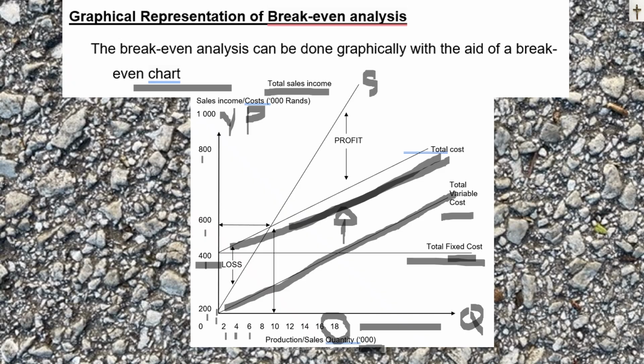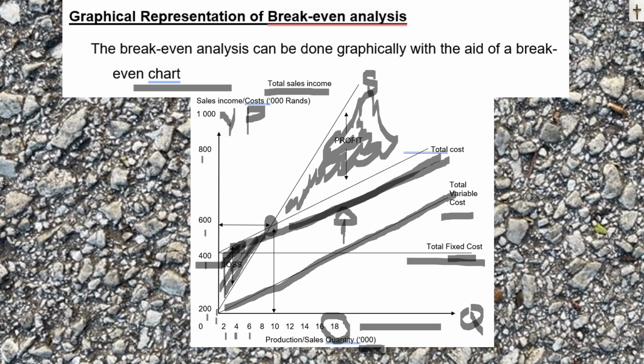This here is your sales straight line representation. It's the income. Over here, at this particular point, there is still a loss. At this point here, there's a break-even where the costs equal the income, and above that there will be a profit.